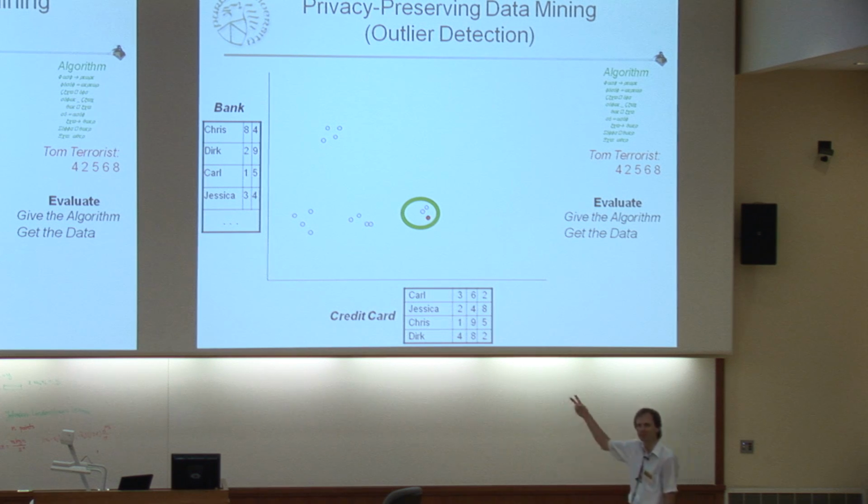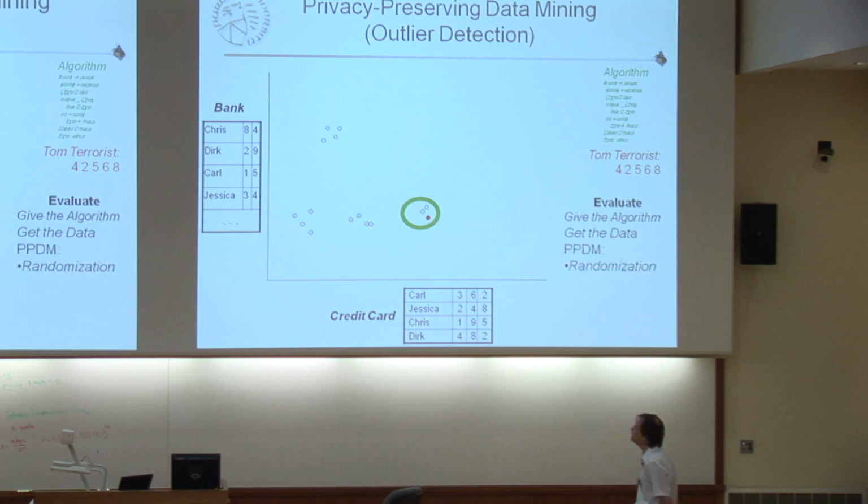These two people might be terrorists, let's investigate them. I'm not going to be happy with the bank and credit card agency that gave the data away that enabled them to do this. Or even if they don't say that, here's the data about my neighbor. How are they doing financially? Well, that's probably not something I want known either.